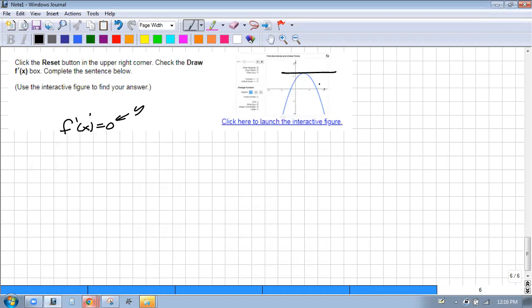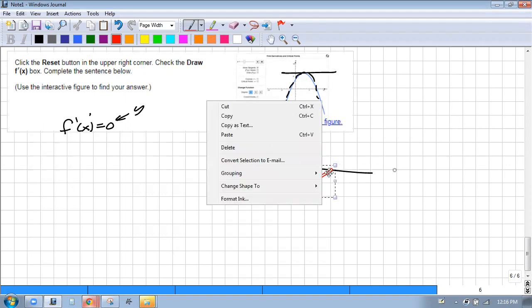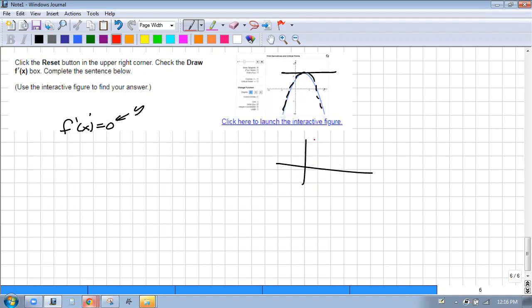Here, f prime starts off positive, then it's 0, and then it's negative.